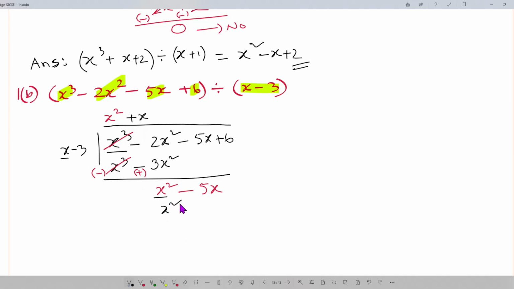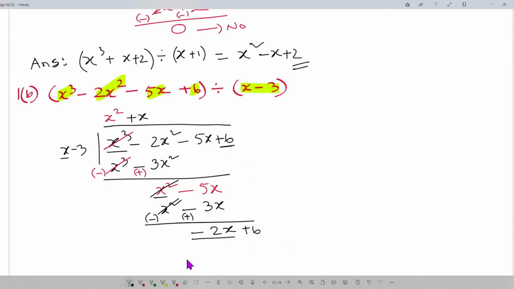So x square minus 3x, then again minus, and here is plus. So x square minus x square out, minus 5x plus 3x will be minus 2x, right? And we will now use this one, plus 6.